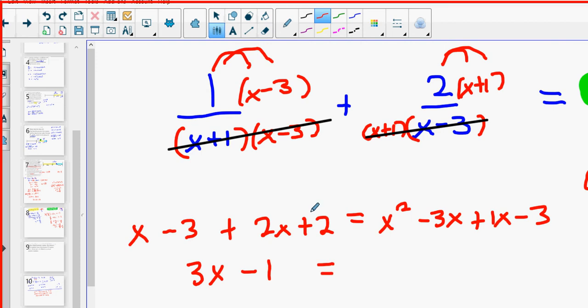And on the other side, we're going to get x squared minus 2x minus 3. I'm going to do the switcheroo, because I don't like, is everybody happy with that? And then bring it over, and I'm going to get x squared. It becomes a minus 3x when I bring it over, so it's minus 5x, and then minus 3 plus 1, minus 2.